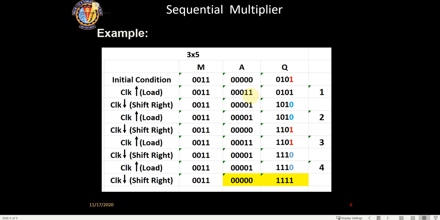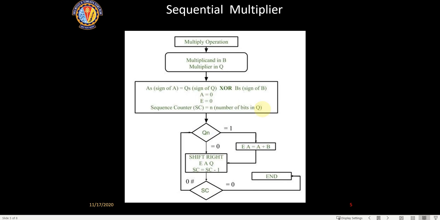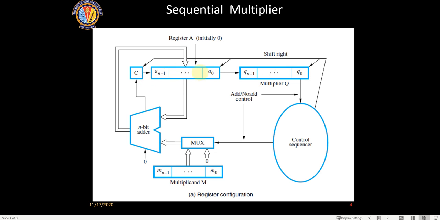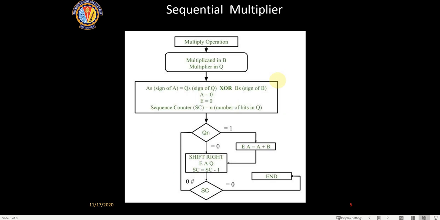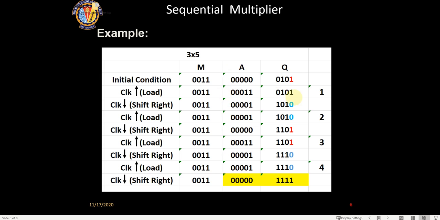Now after having done that, in the negative edge of the clock, we are going to shift the data to the right. What are we shifting? If I go back, I am shifting between A and Q. No shifting is happening in M. So between A and Q, I am going to shift this data in the negative edge of the clock. So 0 0 1 1 is going to remain here.